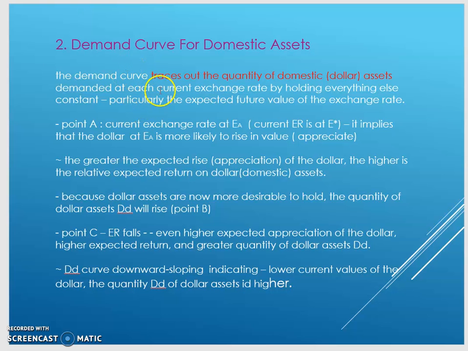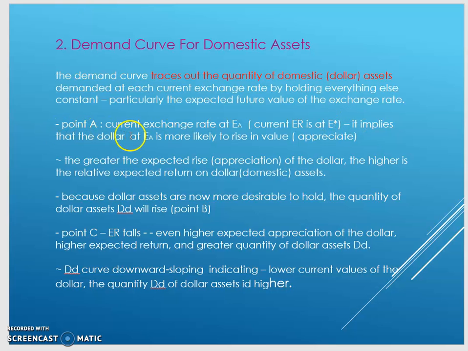The demand curve traces out the quantity of domestic, which is dollar assets, demanded at each current exchange rate, holding everything else constant, particularly the expected future value of the exchange rate. At point A, the current exchange rate is at EA and the expected rate is E star.